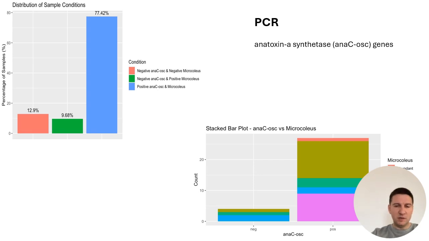Also, we were trying to find a link between the abundance of Microcoleus and the positive samples on PCR for this gene.